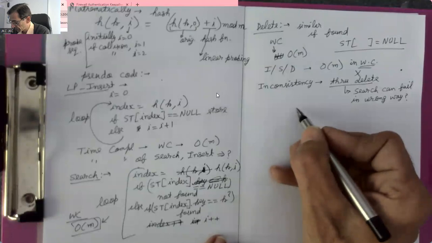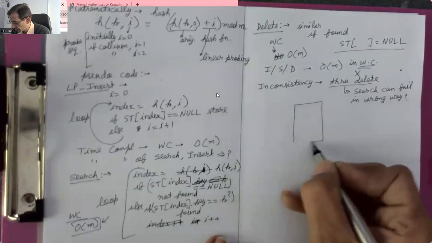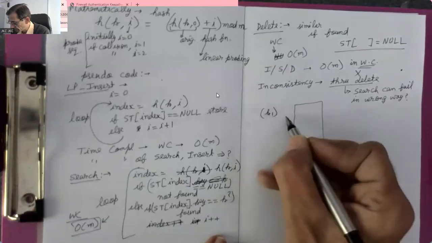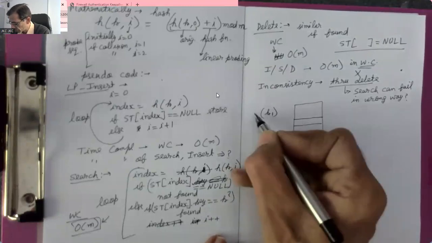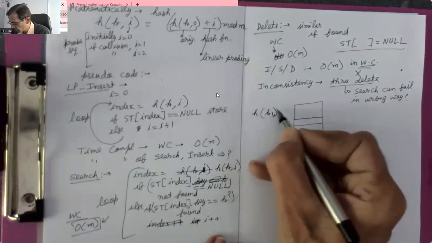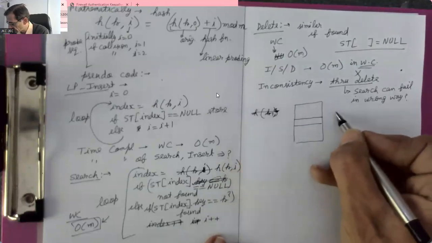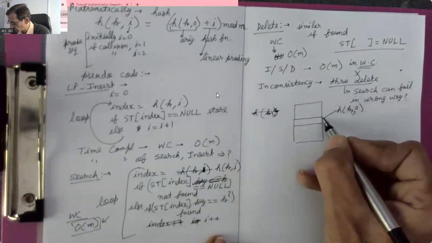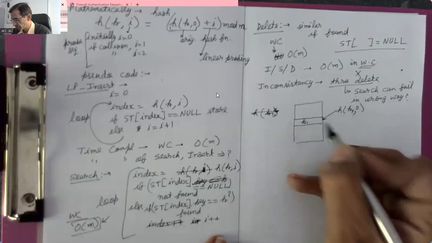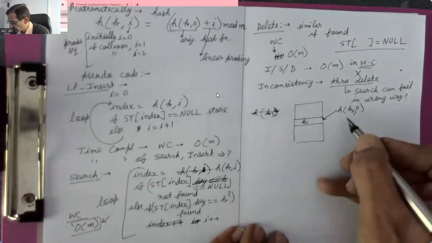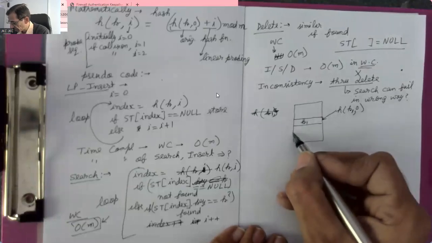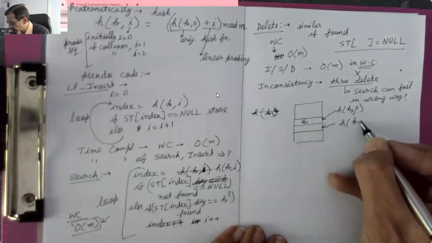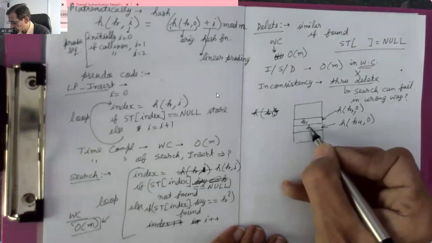Let me explain. I have a storage table. Let's say I got some K1 value coming, and it mapped to this address. So my hash applied to K1 gives this, and K1 record is stored here. Later, you got, let's say, some value K4, which mapped to this address, so I have K4 here.